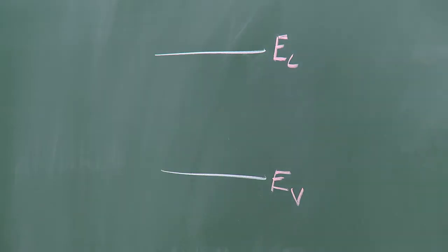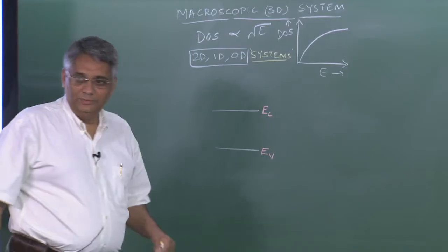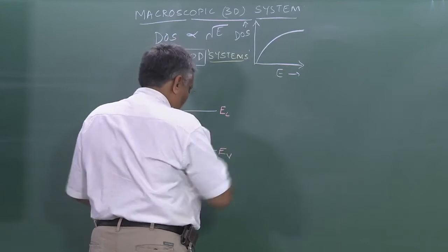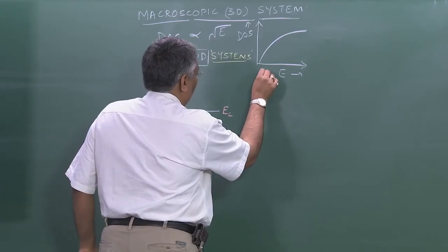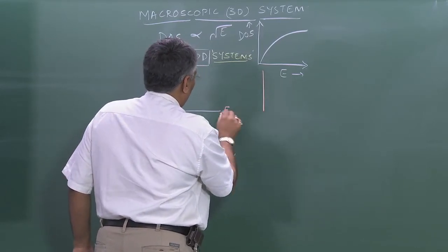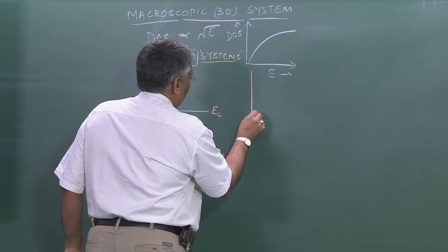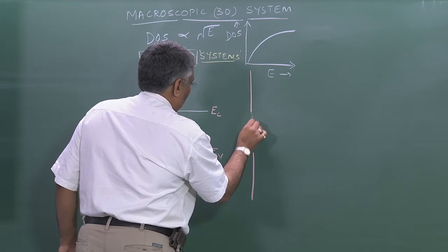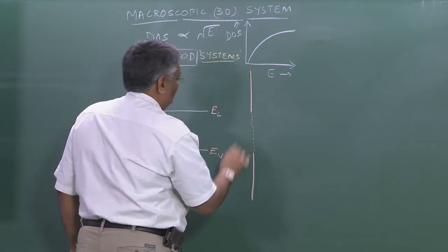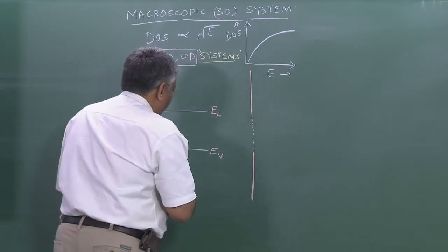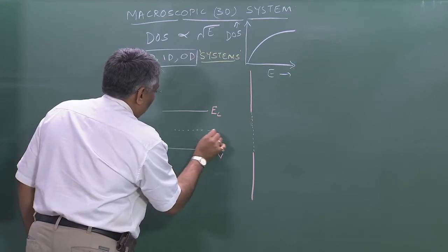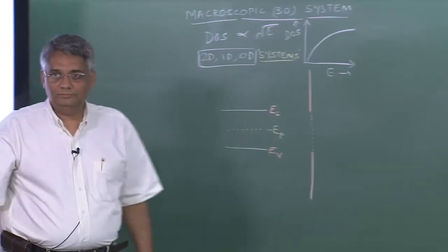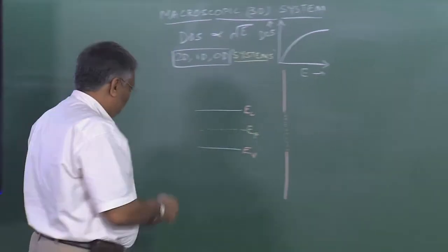valence and conduction band edges for a typical semiconductor, say, and if I have, okay, that's your Fermi level. Right.